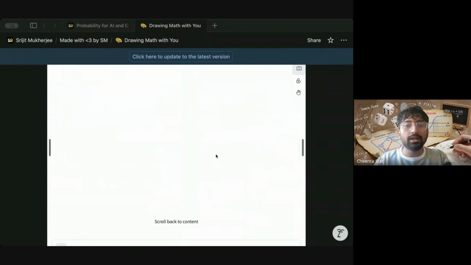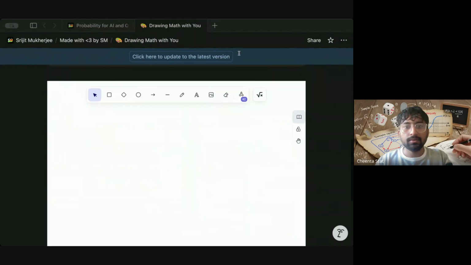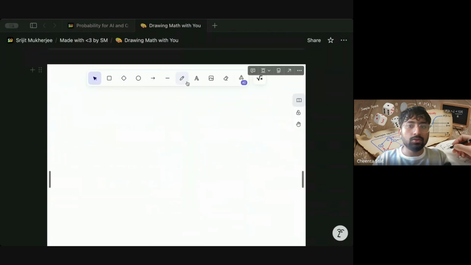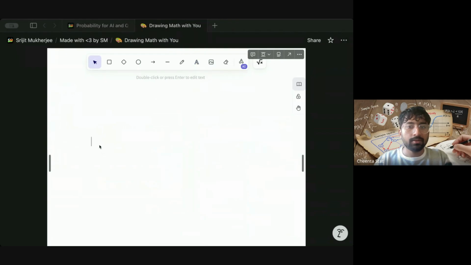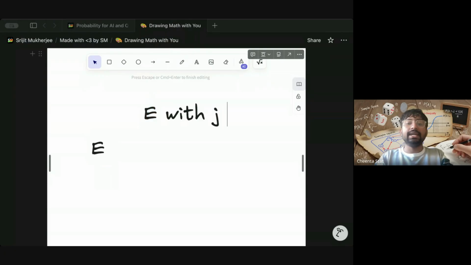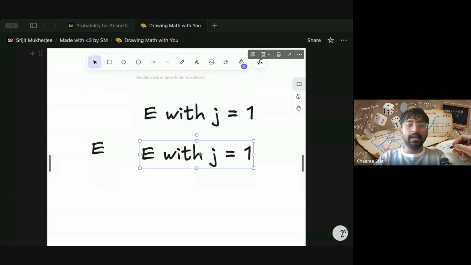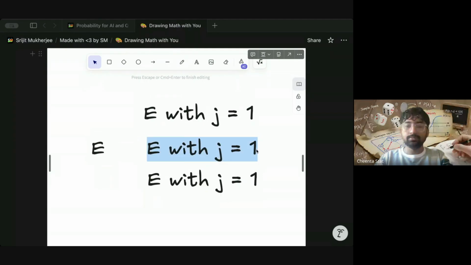If you want to draw it, it will be something like this. Let's say E here, and E will have E with J as 1, plus E with J as 2.